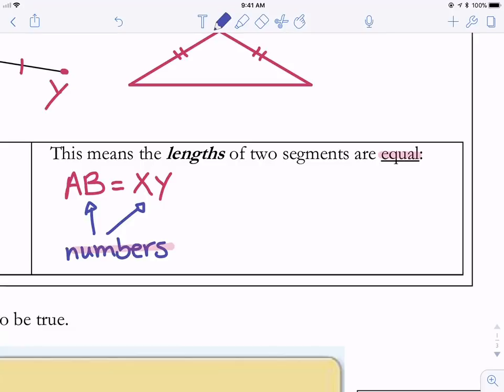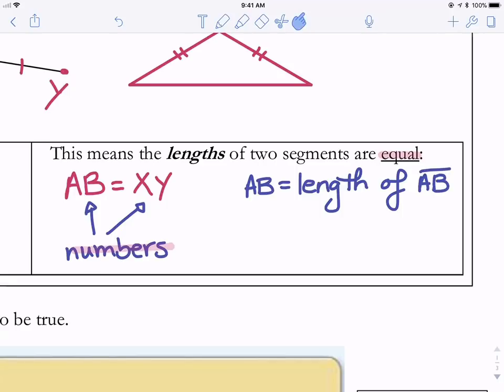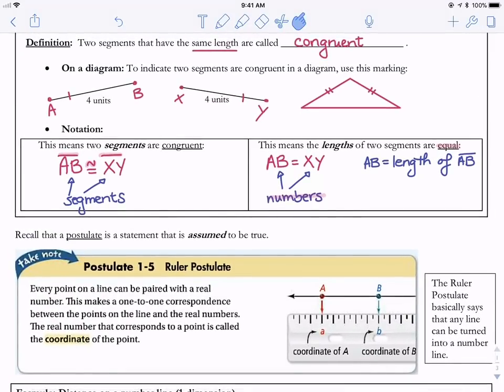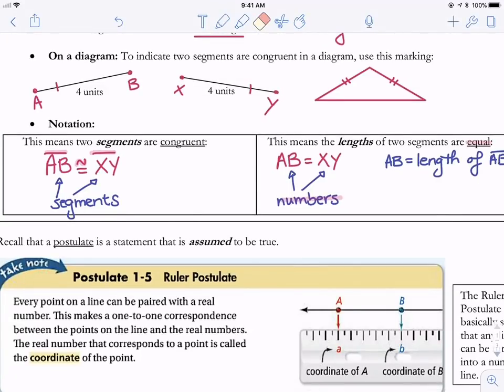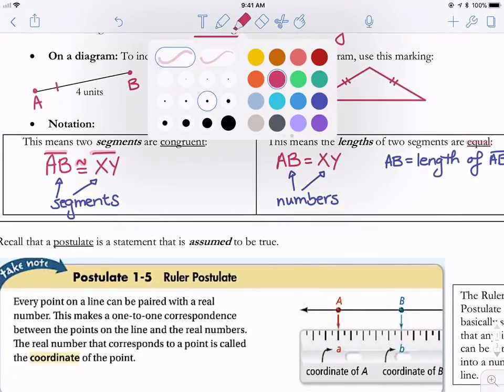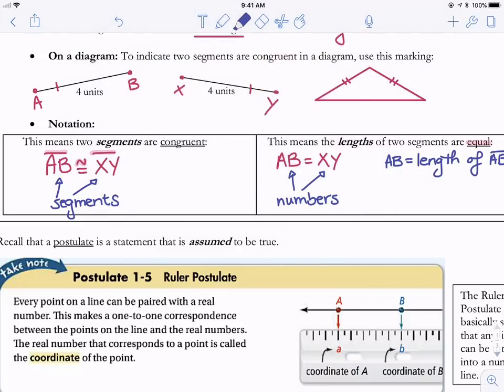So, just for clarity here, if you write AB with no segment mark over top of it, it represents the length of segment AB. Okay, so again, the notation says that if you are referring to segments being congruent, you make the congruent symbol with the bars.